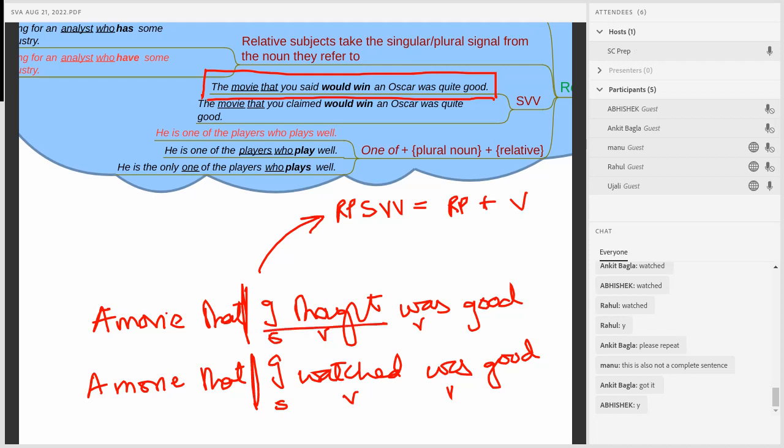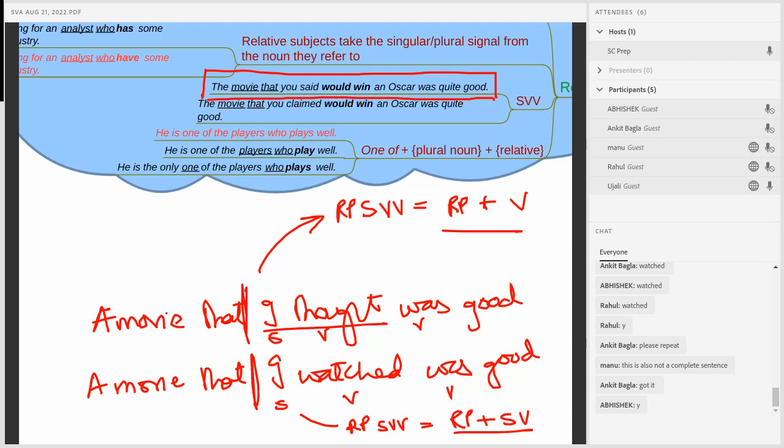Now, in the second one, you decided that, hey, I can't remove the first SV, agreed? So you reduced the RP plus SVV to RP plus SV. Now we can see that neither of these is breaking our fundamental rule, that you can have only a verb or only a subject plus verb. So both of these are grammatically possible structures.